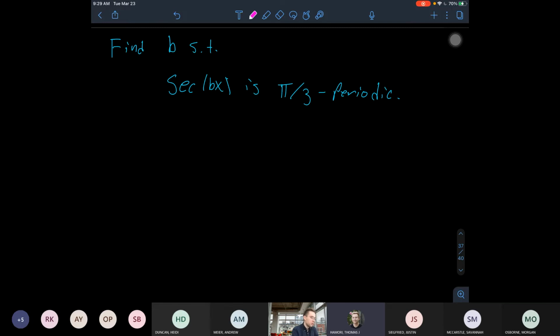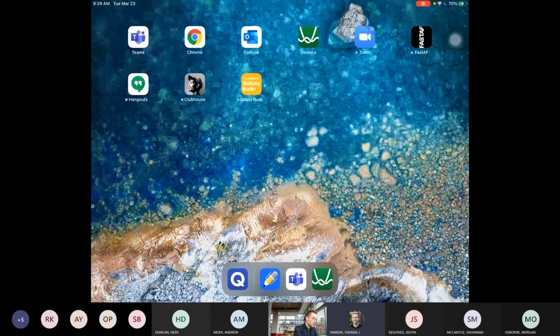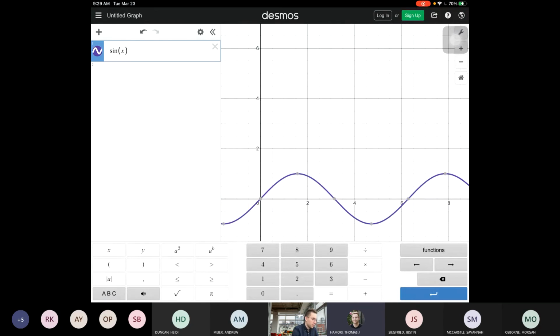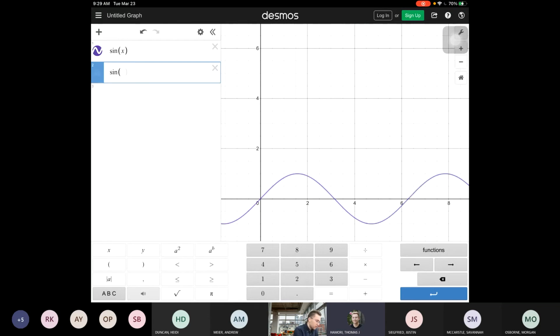Let me remind ourselves why we might expect the period of a function to change when we multiply on the inside by a number.